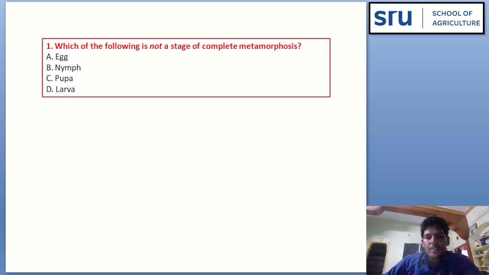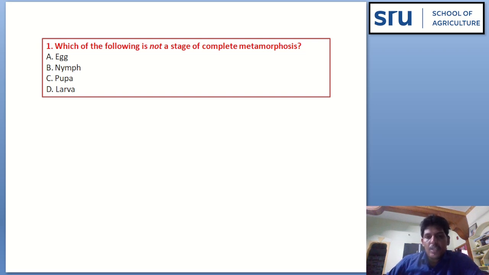See here a few important objective questions related to the metamorphosis topic. First question: which of the following is not a stage of complete metamorphosis? Egg stage, nymphal stage, pupal stage, or larval stage?